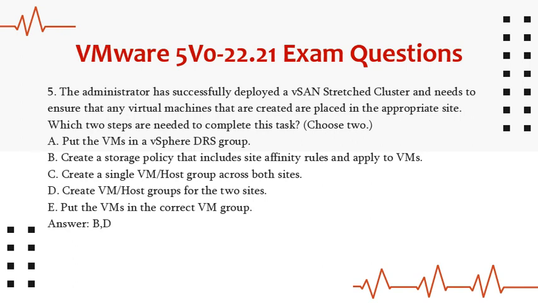B. Create a storage policy that includes site affinity rules and apply to VMs. C. Create a single VM host group across both sites. D. Create VM host groups for the two sites. E. Put the VMs in the correct VM group. Answer: B, D.